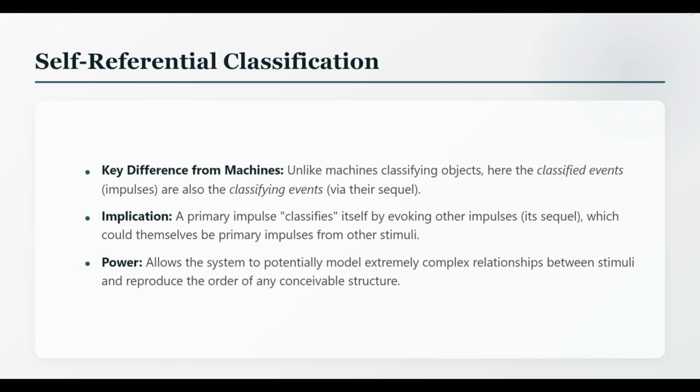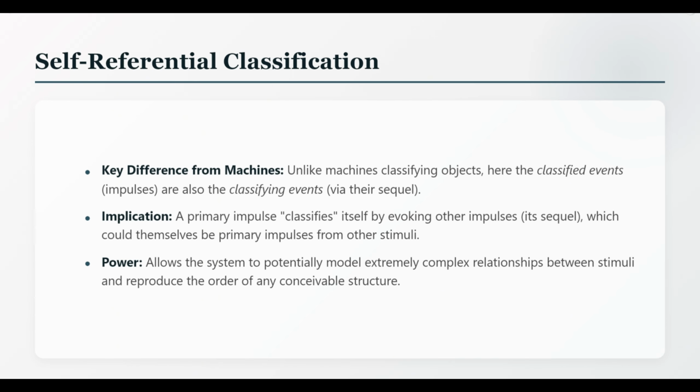This is a really cool twist, highlighting a difference from simple machines. In our model, the things being classified, the primary impulses, are also doing the classifying. How? Through their sequel. When impulse A fires, it evokes its sequel B, C, D. These sequel impulses B, C, D are themselves the classifiers that determine which higher-level classes A belongs to.